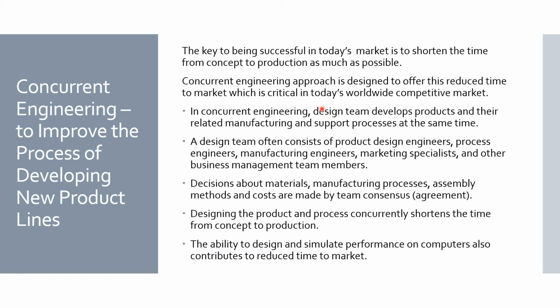So you're developing the product and you're also developing the related manufacturing and support processes at the same time. So when the design is ready, all the processes that you need to manufacture that product are also ready to make that product.